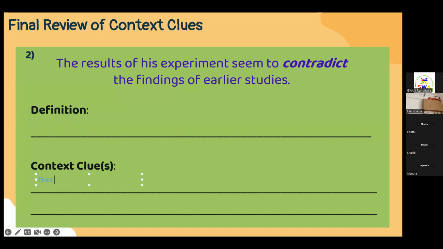Okay. Now that we know that it's root word and affixes, we have to split the words up. So they are contra and dict, right? What does contra mean? Does anybody want to venture a guess?